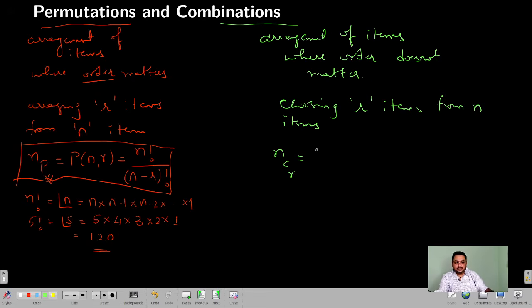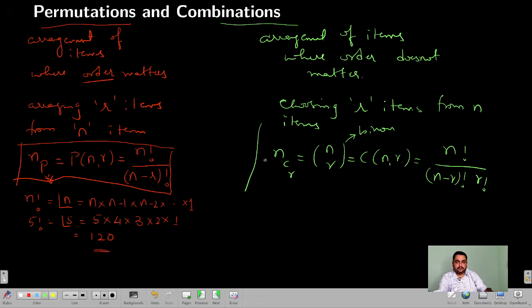It is also written like this, n over r in brackets; these brackets we usually call the binomial symbol. Or you can also write C(n, r). This is nothing but n factorial divided by (n minus r) factorial into r factorial. This is the formula for your nCr.